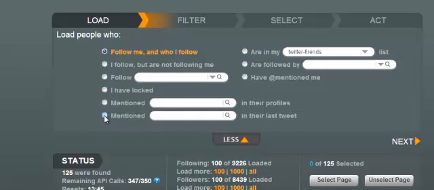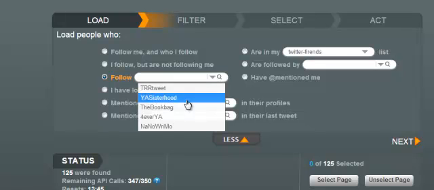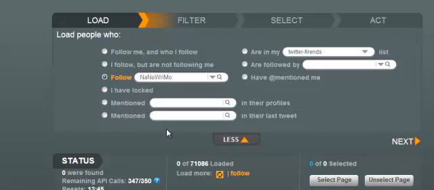For this particular example, I could use a specific hashtag, or I can use a specific ID. So in this example, I'm going to follow people who follow the National Novel Writing Month, which is November, and they have 71,000 followers.